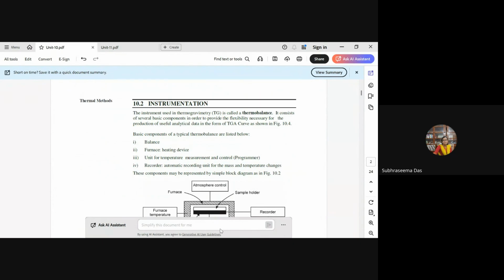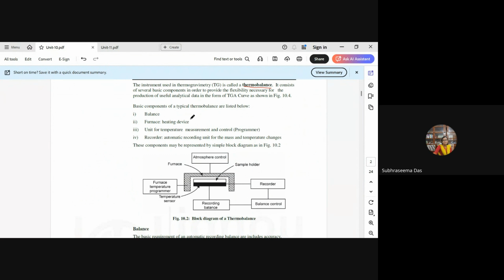Here we talk about the basic composition of the instrument that we use for TG. The instrument used in thermogravimetry is called a thermobalance. This thermobalance consists of several basic parts.